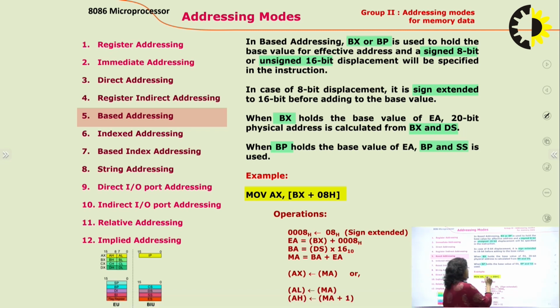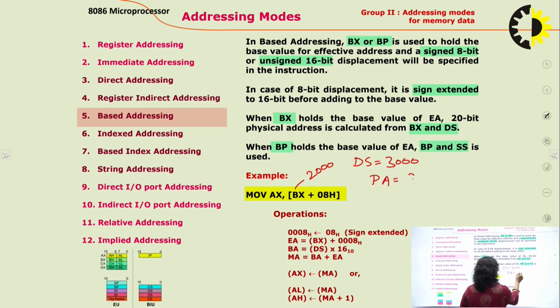Let BX be 2000 and DS be 3000. So, the physical address will be 3000 into 10 plus 2000 plus 08. So, it becomes 32008.